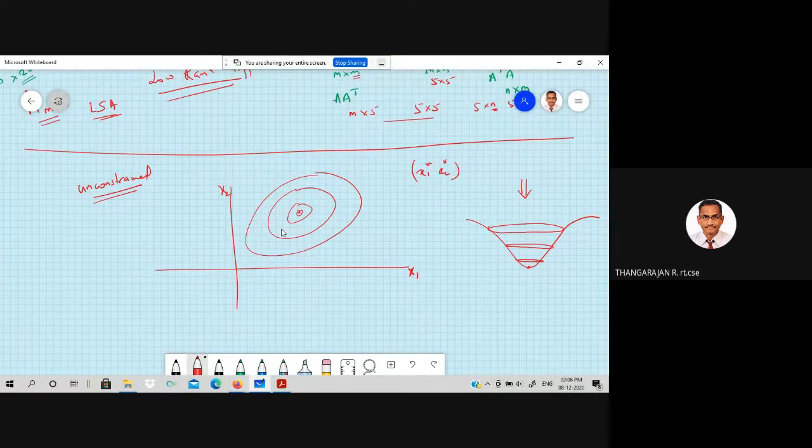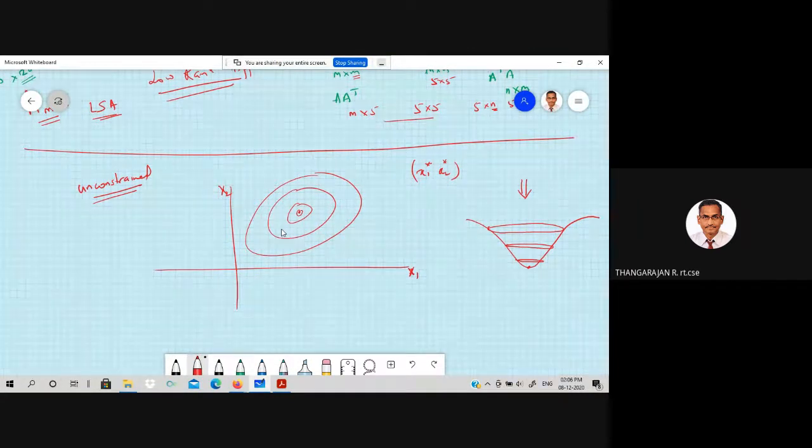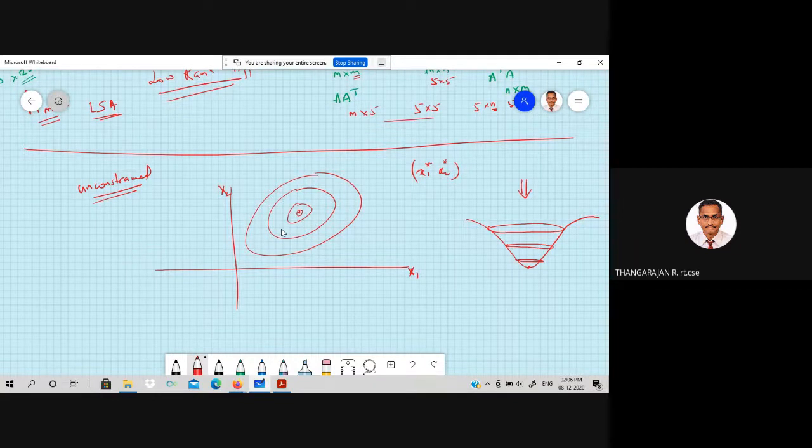Now suppose you want to make a constraint satisfaction problem, a constraint optimization problem. In that case, say for example, you take a straight line.